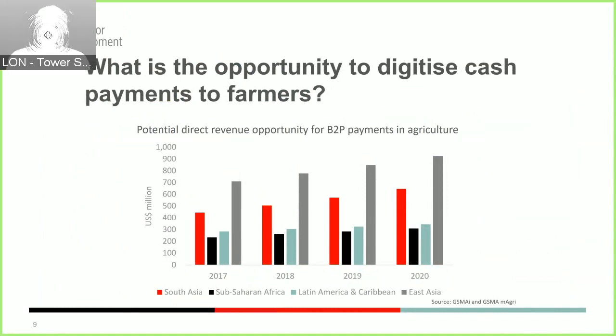If we look at the actual direct revenue opportunity for mobile money providers, which is derived from the transactional fee, which is typically 1% of the value of the transaction that is charged to mobile money users, across the 4 key developing regions that we mentioned before, mobile money providers could generate up to 2 billion in direct annual revenues in 2020. So that will be by digitizing business-to-person payments, in the agricultural last mile.